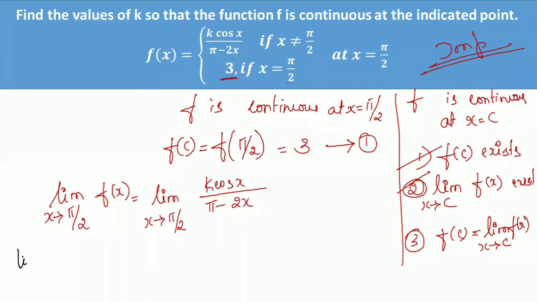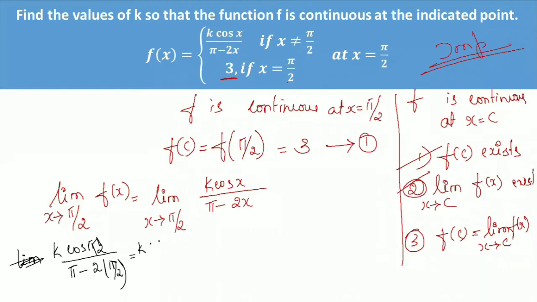If I put x is equal to pi by 2 in the limit, which means k into cos pi by 2, by pi minus 2 into pi by 2. Okay. So for those who have told me I have to put x is equal to pi by 2: k into what is cos pi by 2? What is the value of cos pi by 2, students?